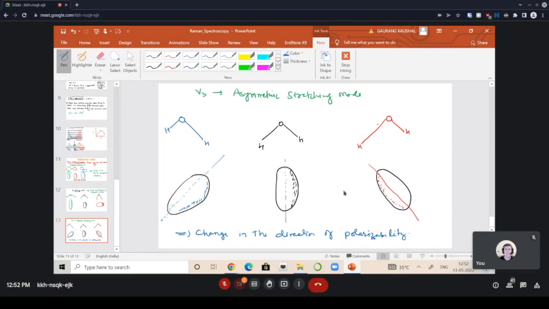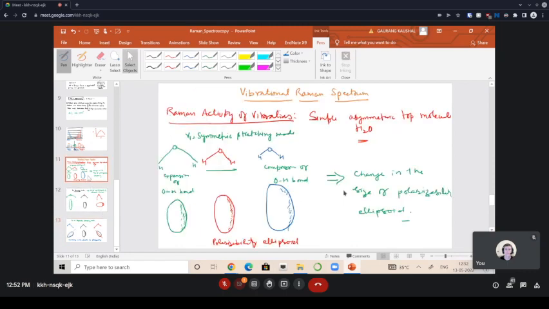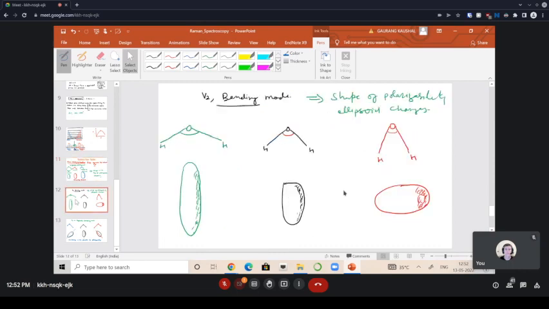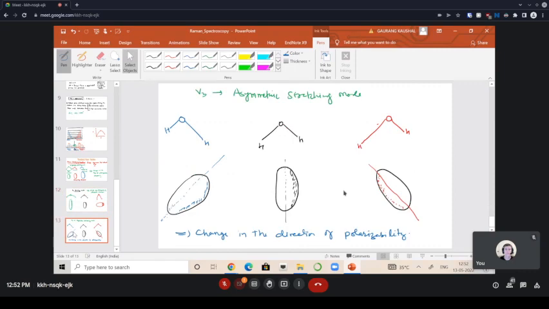So in the three different modes, what is happening? In the first mode, the symmetric stretching, there will be a change in the size of the polarizability ellipsoid. In the second case, the bending mode, there will be a change in the shape of the polarizability ellipsoid. And in the third case, there will be a change in the direction of the polarizability ellipsoid.